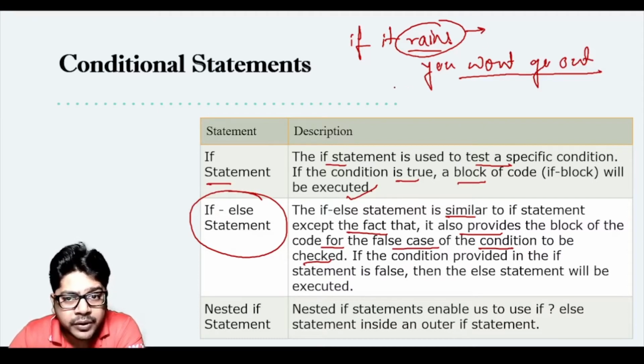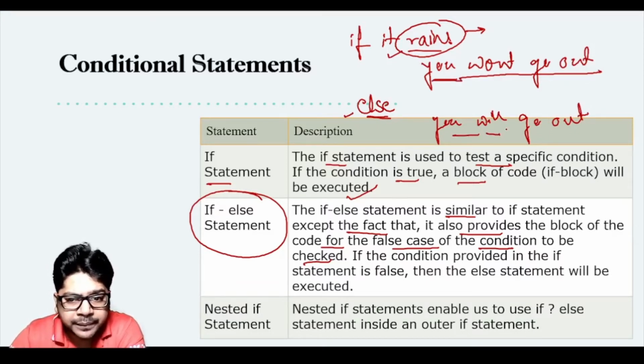So if I want to specify what happens if it doesn't rain, I can write else over here, and I can write you will go out. Okay, so now if the condition is true, then this part of the block will get executed. If the condition is false, then this part of the block will get executed. So if the condition provided in the if statement is false, then the else statement will be executed.